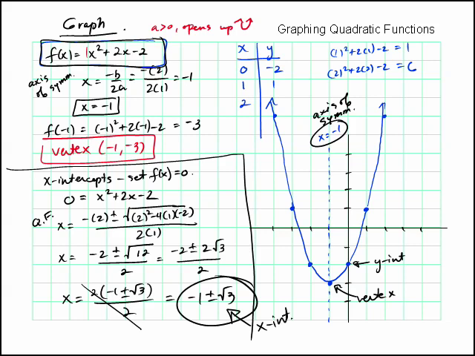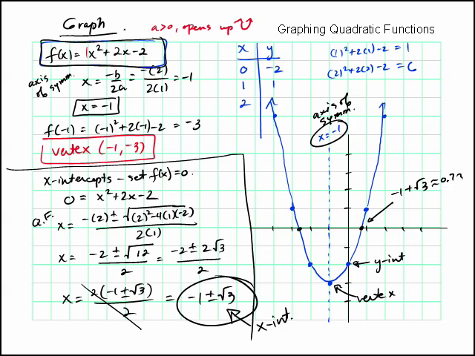So this one on our parabola must be the negative 1 plus square root 3, which if I use a calculator is about 0.73, which it appears to be in the right place.